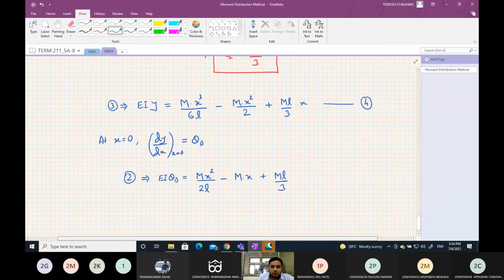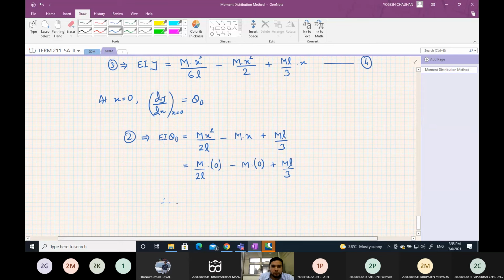Now substitute the value of x equals to 0, so this term will be 0, this term will be 0, which is equal to M by 2l into 0 minus M into 0 plus M l by 3.